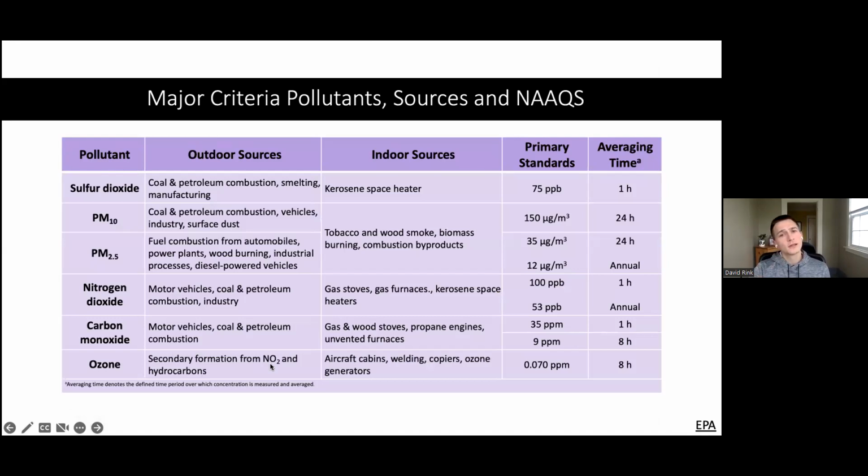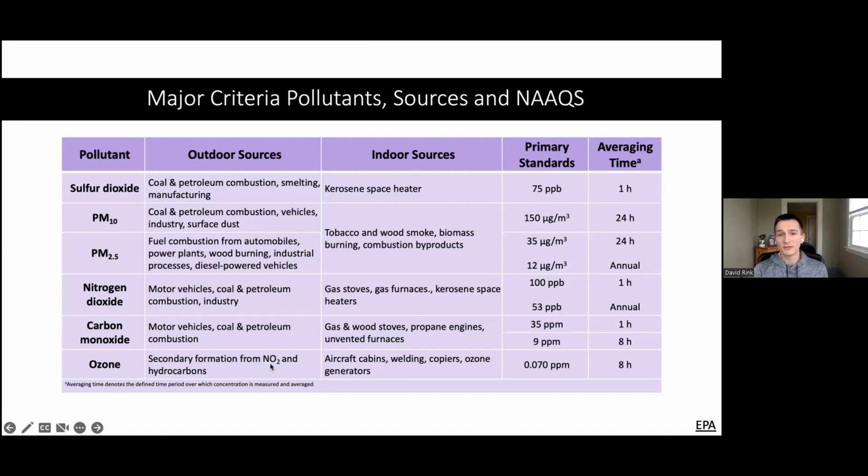Air pollutants, at least in the US, are categorized within the framework that was provided by the Clean Air Act into criteria air pollutants and then toxic air pollutants. The criteria air pollutants are regulated by a standard setting process that requires review of the available data every 5 years.